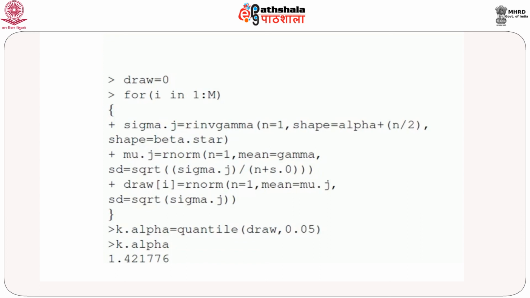So, this is what the k alpha value looks like. We saw that this is how we can draw samples from the posterior predictive distribution, and we can also find the empirical quantiles, and we can find the HPD credible set using R.